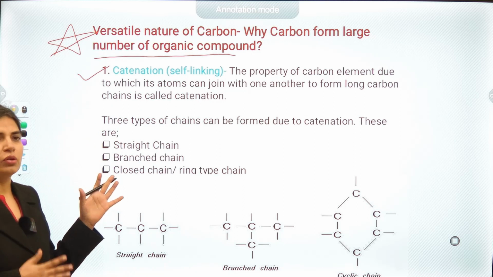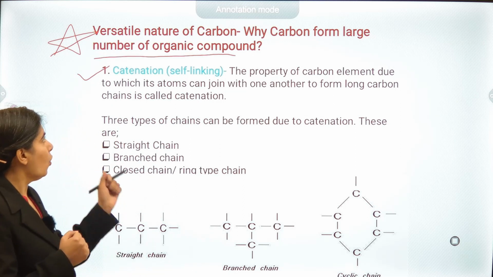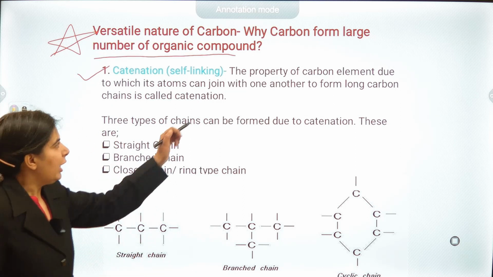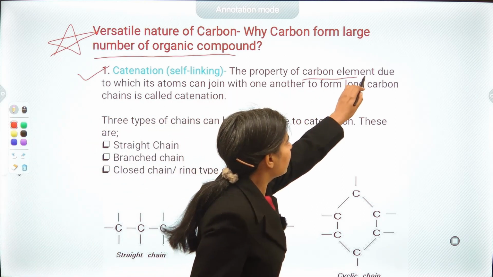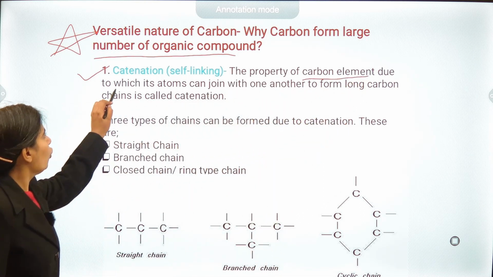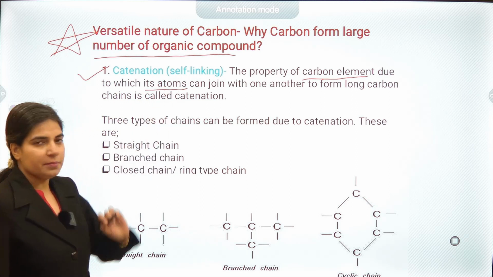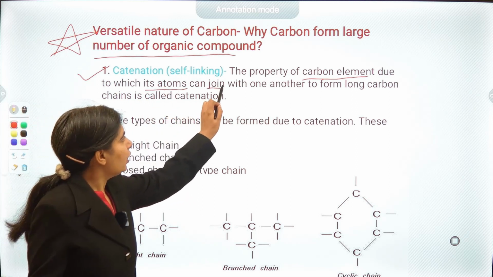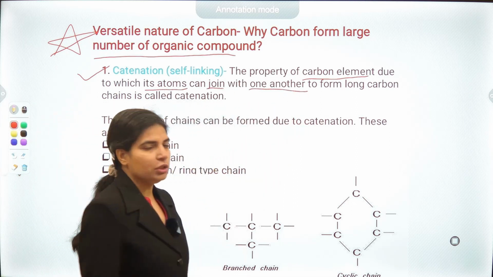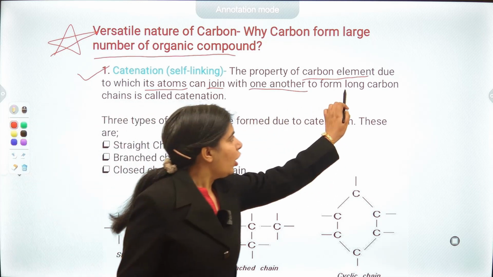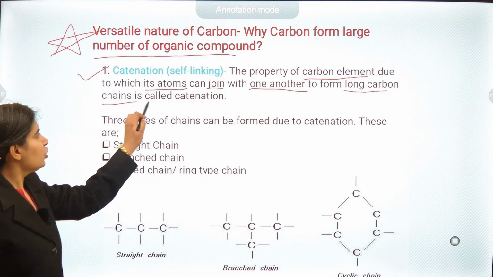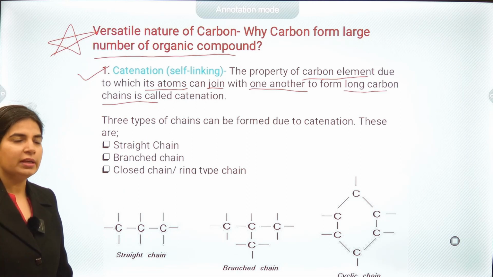The property of the carbon element due to which its atoms can join with one another to form a long carbon chain is called catenation.